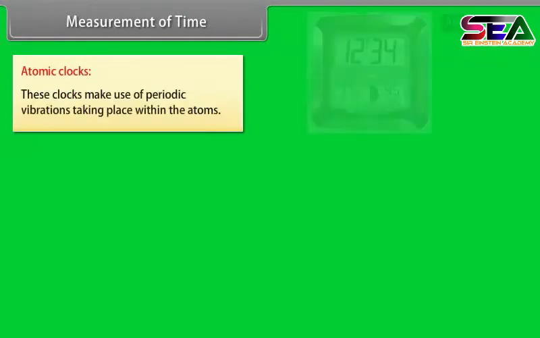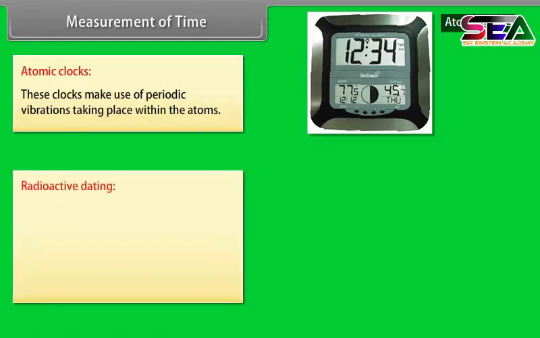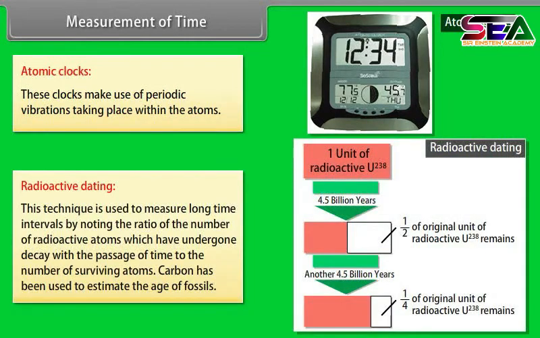Atomic clocks make use of periodic vibrations taking place within the atoms. Radioactive dating is used to measure long time intervals by noting the ratio of the number of radioactive atoms which have undergone decay with the passage of time to the number of surviving atoms. Carbon has been used to estimate the age of fossils.